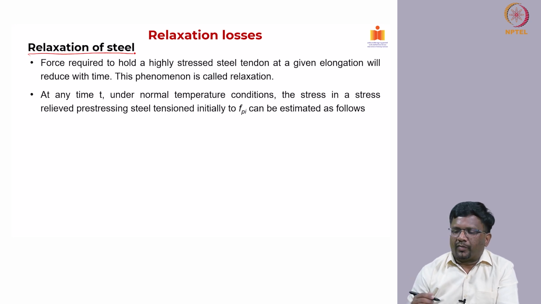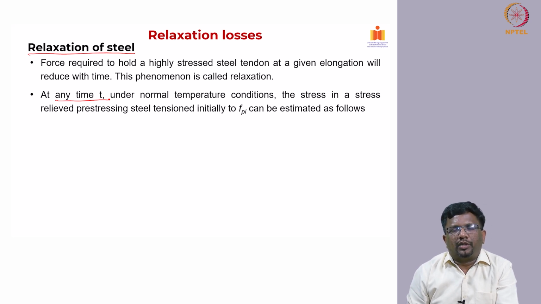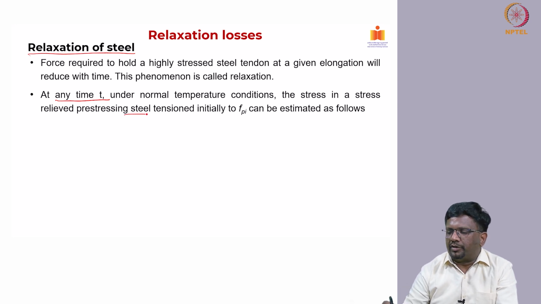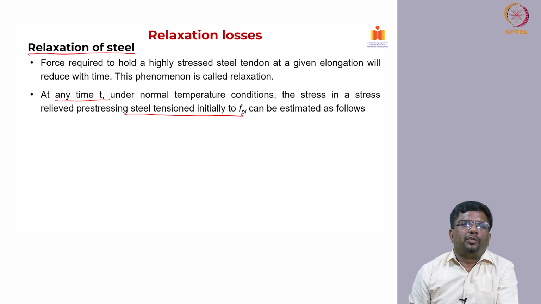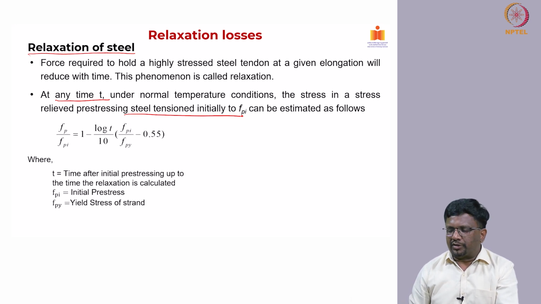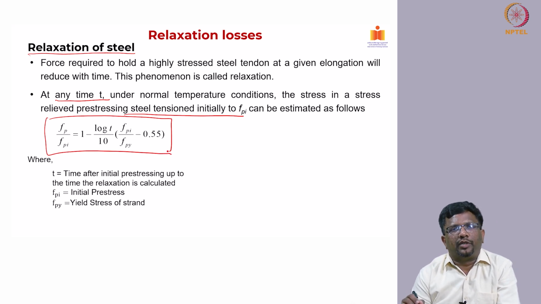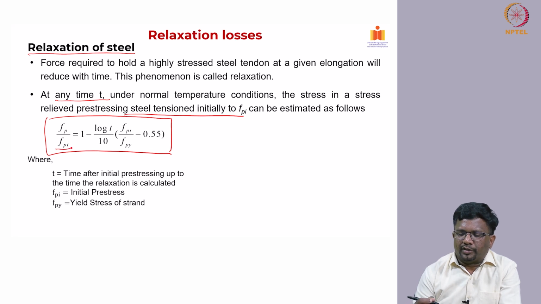For example, at any time t, under normal temperature conditions, the stress that is left in the strand after it has been tensioned to initial stress FPI can be estimated by an equation, and this equation is this. Here the time t is given in hours, and FPI is the initial pre-stress.